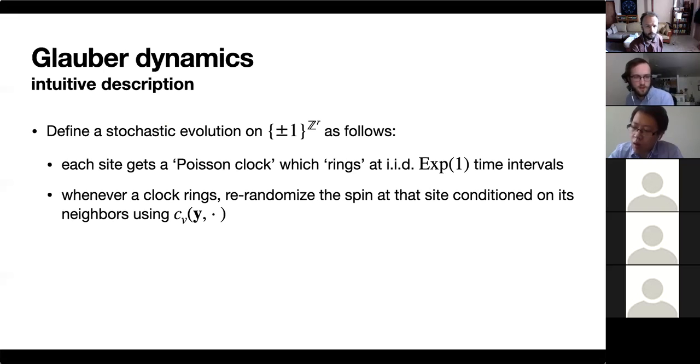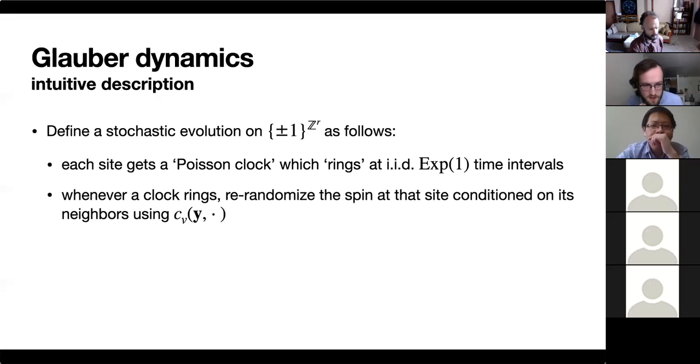We assign to each site in our infinite lattice, and we can do the same thing on a finite lattice, and we'll need to in a second, a Poisson clock, which is some imaginary clock which rings at independently distributed time intervals that are all exponentially distributed with rate 1. Whenever one of these clocks rings, you re-randomize the spin at that site using the probability distribution given by this function C.